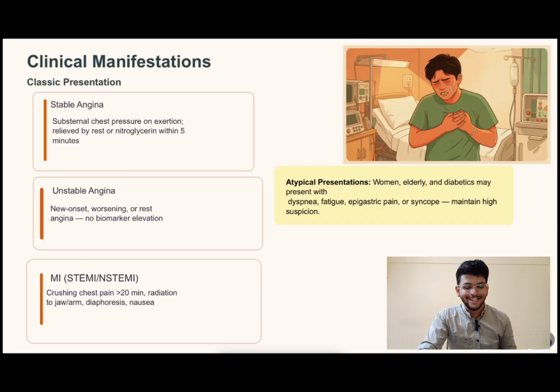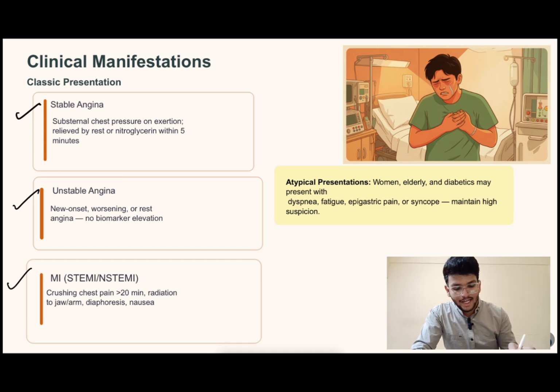Now let us learn the clinical manifestations. The classic presentation of ischemic heart disease is stable angina, unstable angina or MI. Stable angina is substernal chest pressure on exertion, relieved by rest or nitroglycerin within 5 minutes. Unstable angina is new in onset, worsening at rest, with no biomarker elevation.